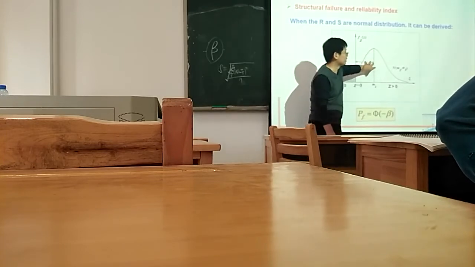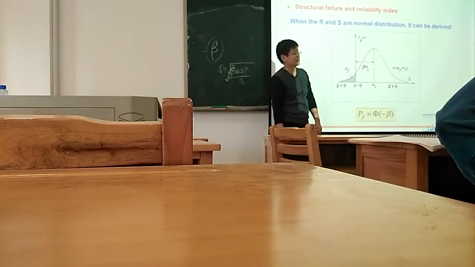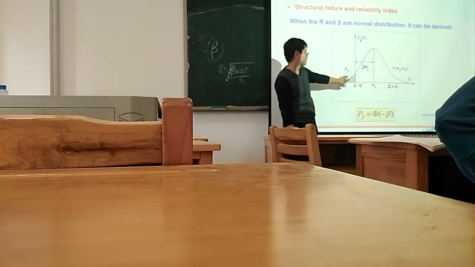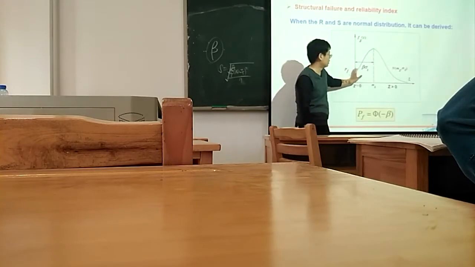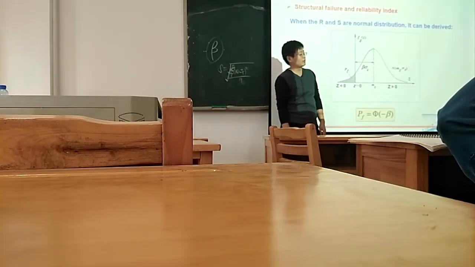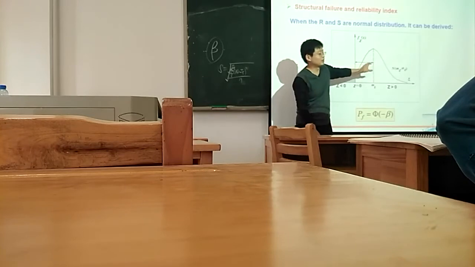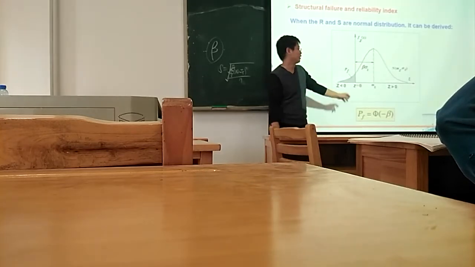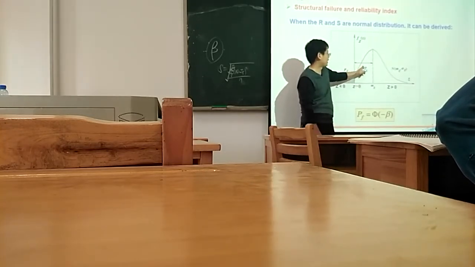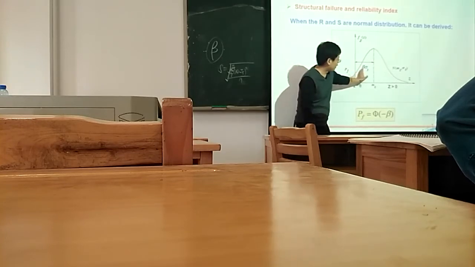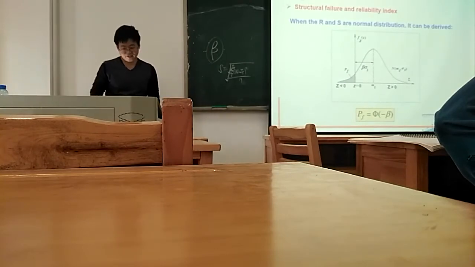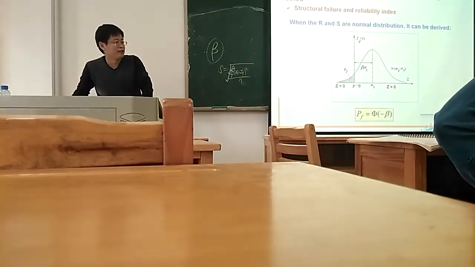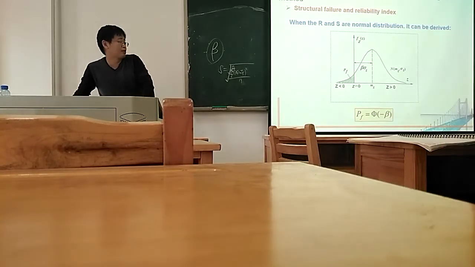Z larger than 0 means the stable situation. When we design, we make sure Z is larger than 0, as large as possible, so we make beta as large as possible. Do you understand the meaning of this figure? Yes.